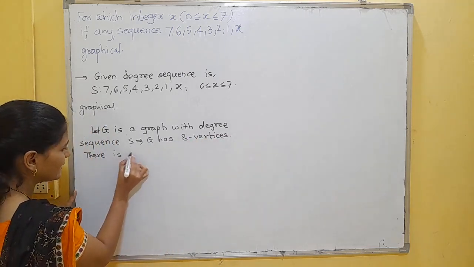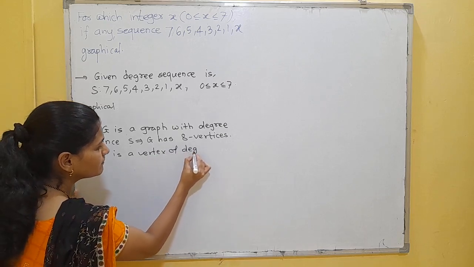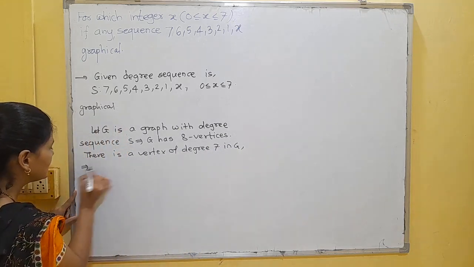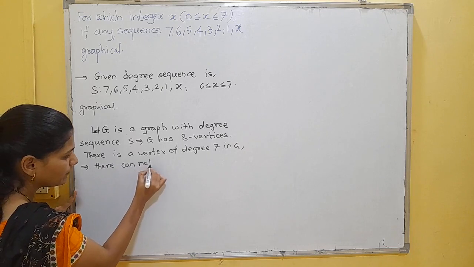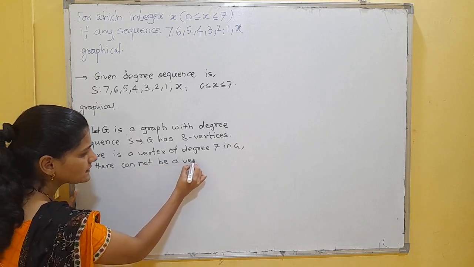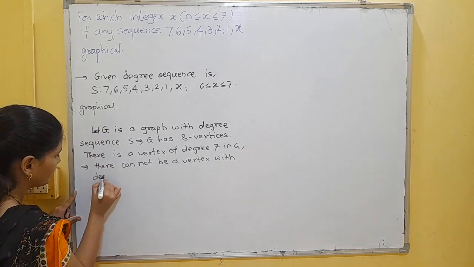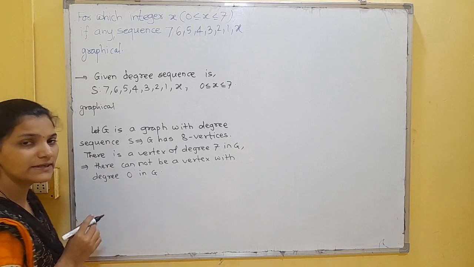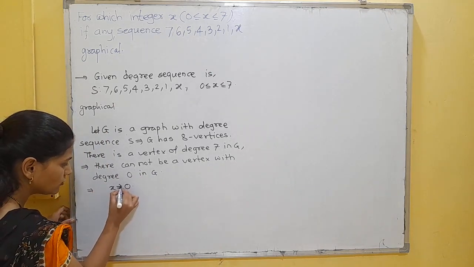Since there is a vertex of degree 7 in G, there cannot be a vertex with degree 0 in G. So that implies x is not equal to 0.